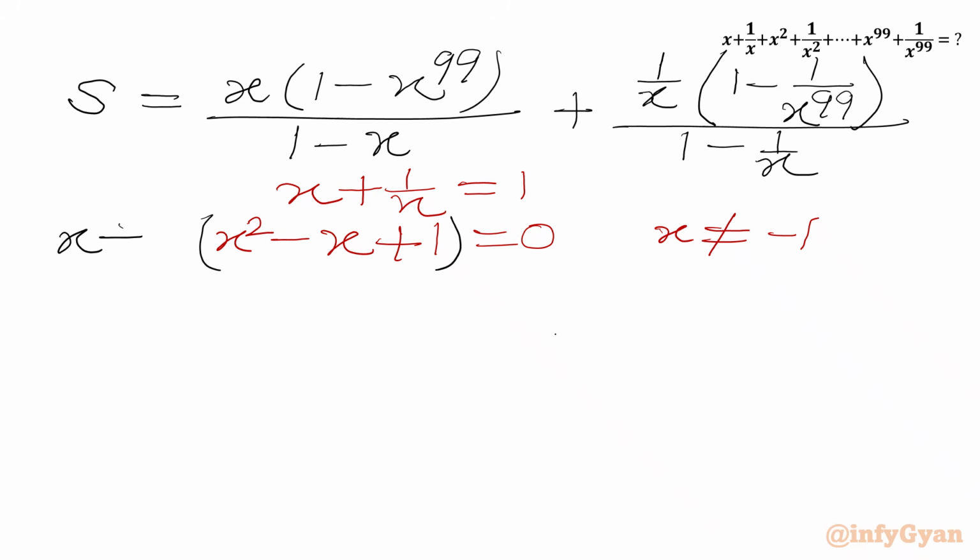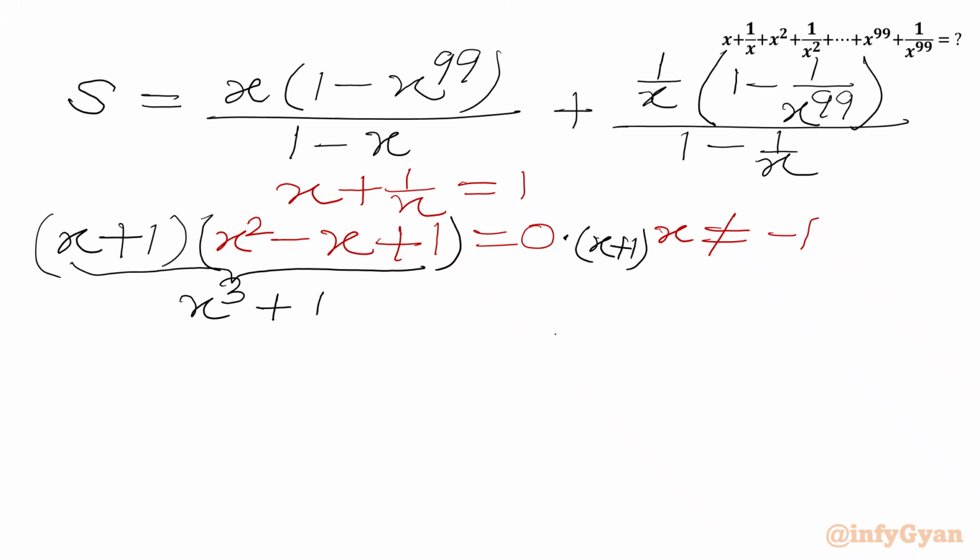So I will write here x plus 1 times, and on the RHS we will multiply 0 times x plus 1. Now from the LHS we can write this one algebraic identity, x cube plus 1 cube, and in the RHS there would be 0. So from this equation I can write x cube will be equal to negative 1.